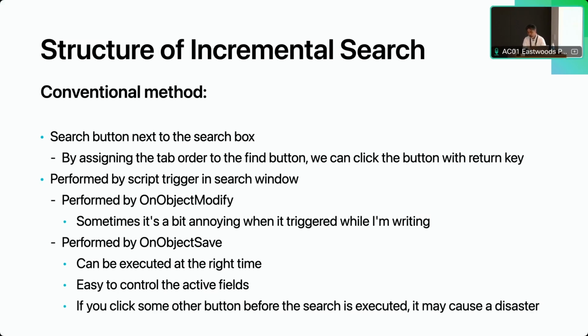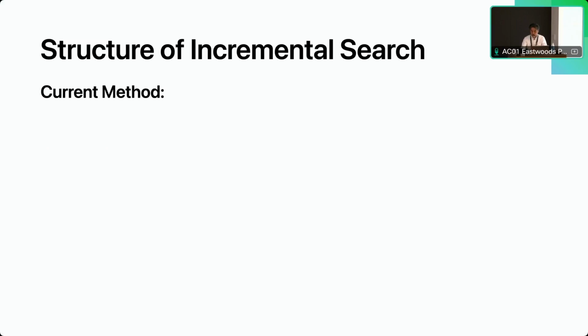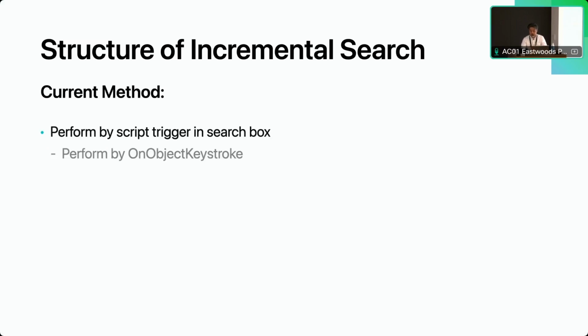I moved on to a different method. The way I do it now is I made it so that it's run when onObject keystroke is executed, and it works very well. OnObject keystroke will respond when a key is pressed, but it is also possible to determine what key was pressed within the script.